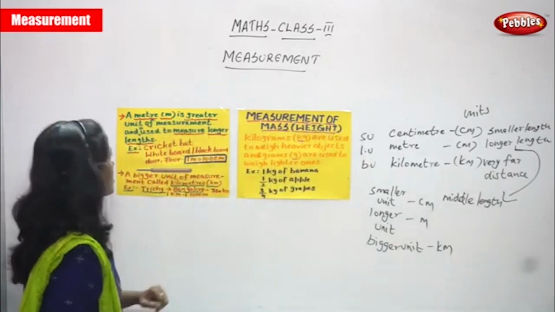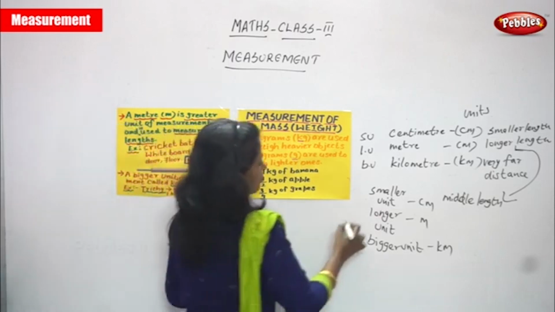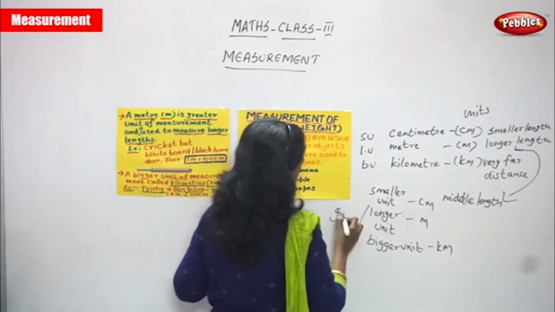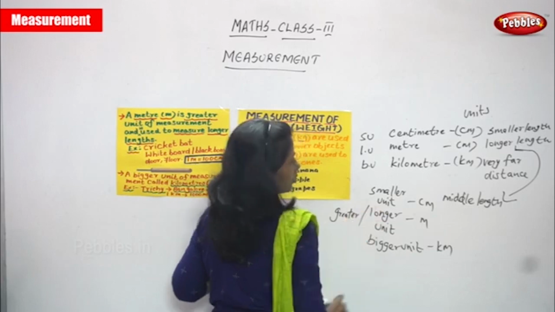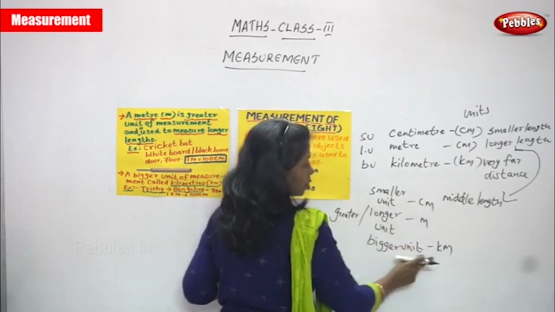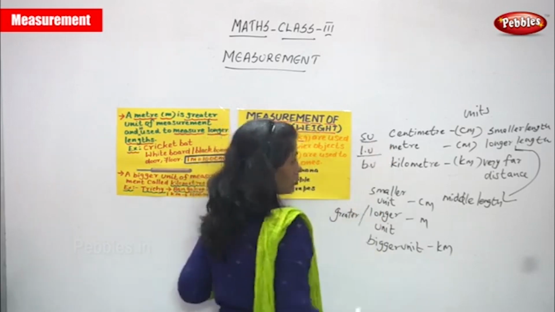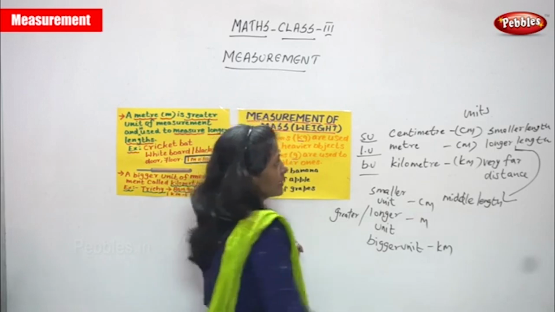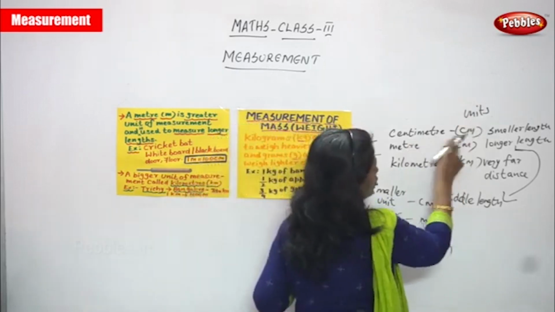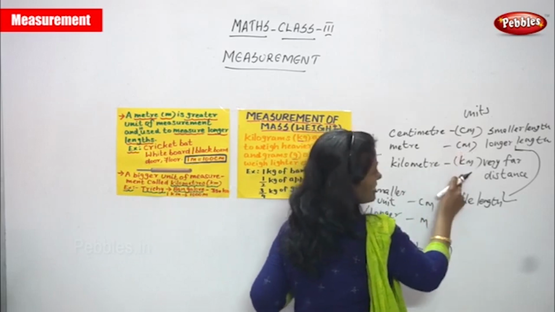Longer, otherwise we can call it greater. Smaller unit centimeter, greater or longer unit meter, bigger unit kilometer. SU means smaller unit, LU means longer unit, BU means bigger unit. These are called units. Centimeter short form is cm, meter short form is m, and kilometer short form is km.